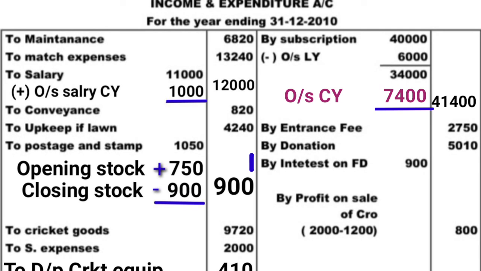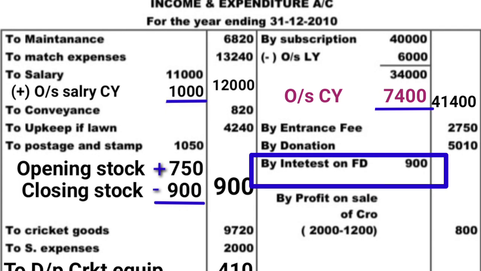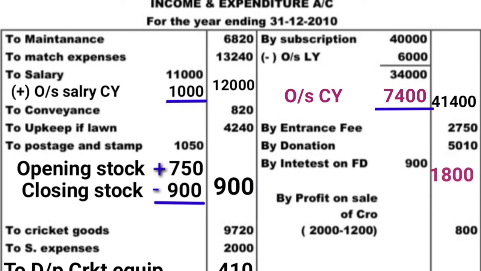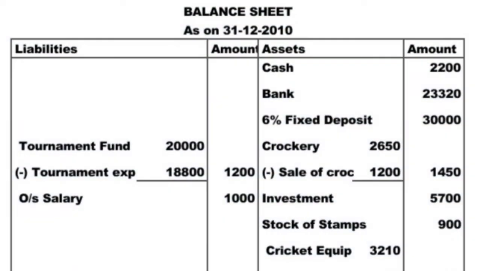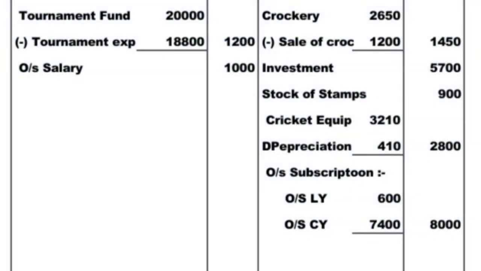Here we received only 900 rupees, but the actual interest would be 1,800, which I will write here in the outer column, and the difference 900 rupees is the outstanding amount. This is the outstanding of the current year. This outstanding interest on FD we will write here in the current year balance sheet asset side: outstanding interest on FD rupees 900.